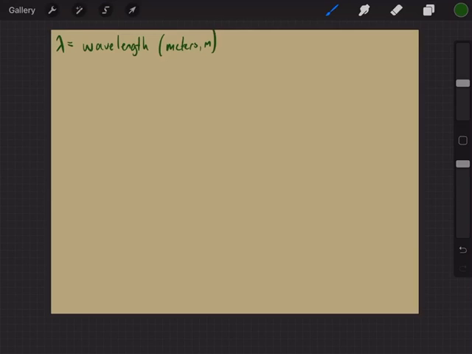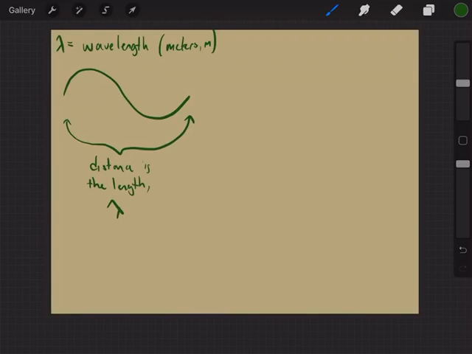So for any wave, for example, if we have a wave like this, the distance from this point to this point is the length. So this little distance that I'm drawing here. In other words, this is how far the wave has traveled as it crossed through.